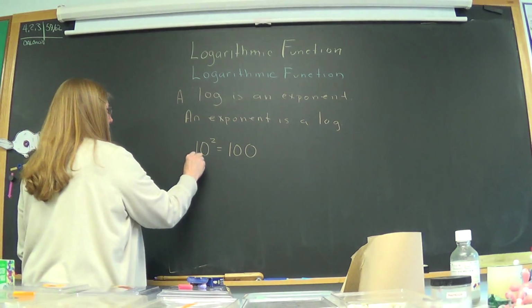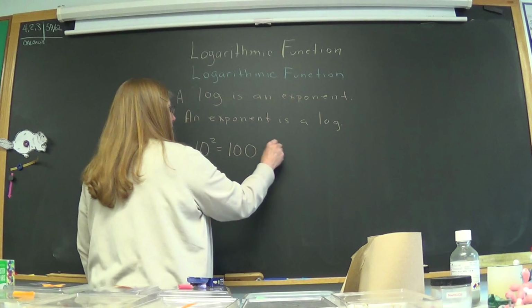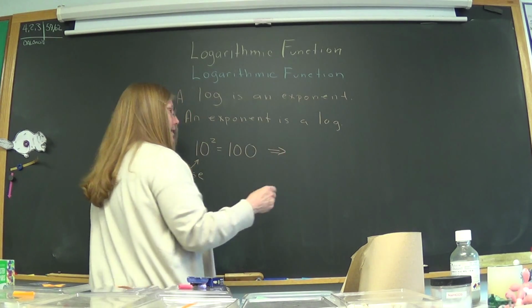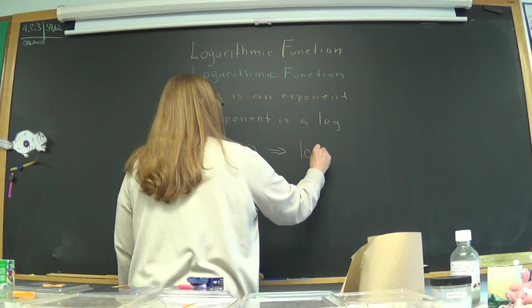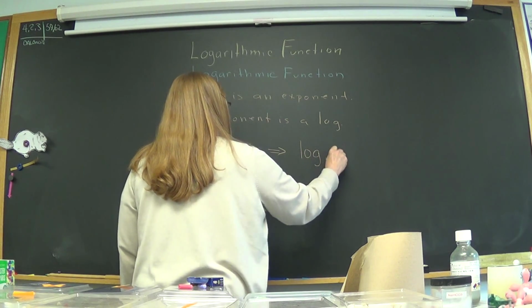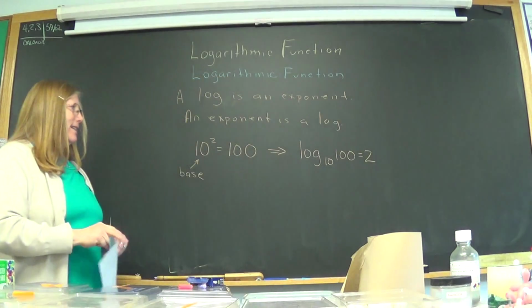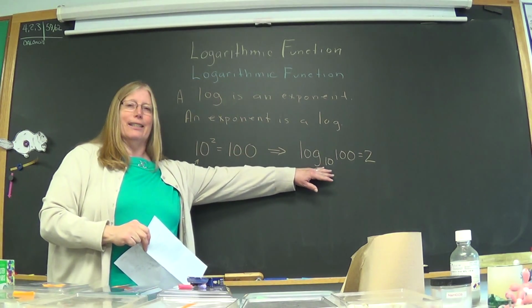Remember, we call this the base number, raised to an exponent equals another number. That is the same information as in this statement: log to the base 10 of 100 equals 2.